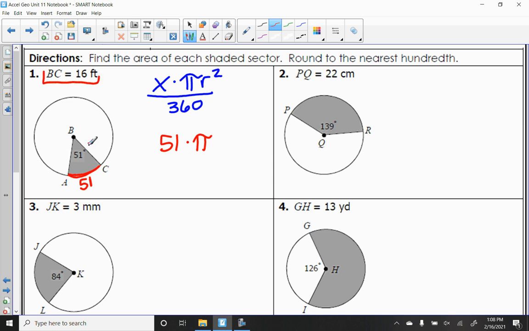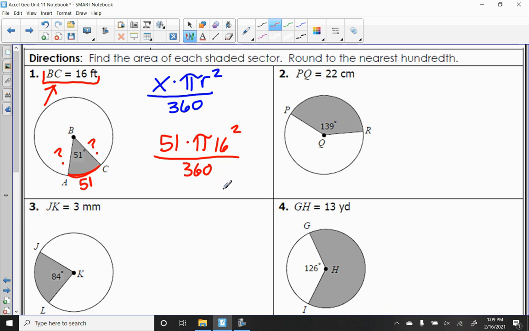So if you don't see a radius here on any of these pieces, make sure you do catch what it gave you in the directions. So that means our radius is 16 squared all over 360, and that's all there is to this. So you just put in 51 times pi button times 16 squared, hit equals, and then divide by 360 and hit equals.